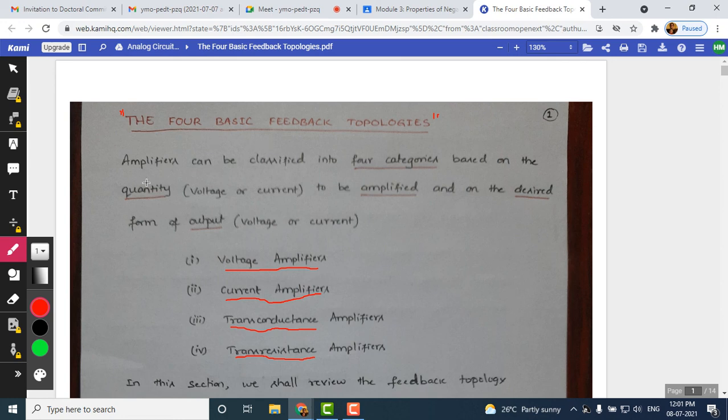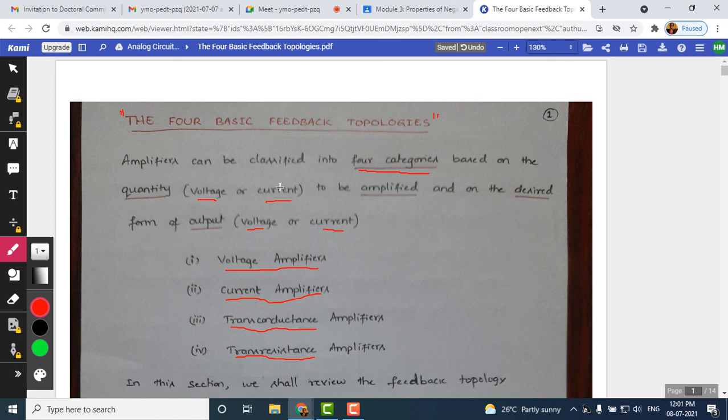So the amplifiers that are available can be grouped into four categories: voltage amplifier, current amplifier, transconductance amplifier, and transresistance amplifier. This classification is done based on the quantities, voltage or current, which we are going to amplify, and what kind of output we are expecting from these amplifiers, either voltage or current.